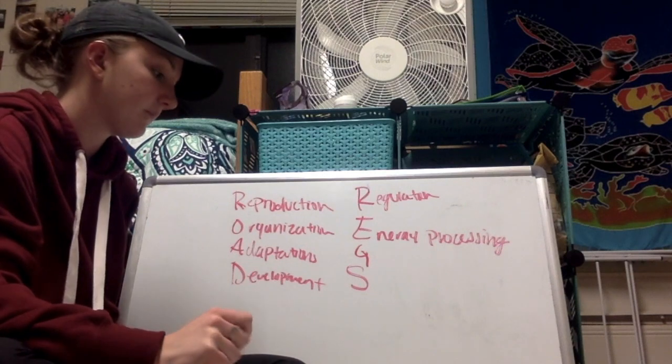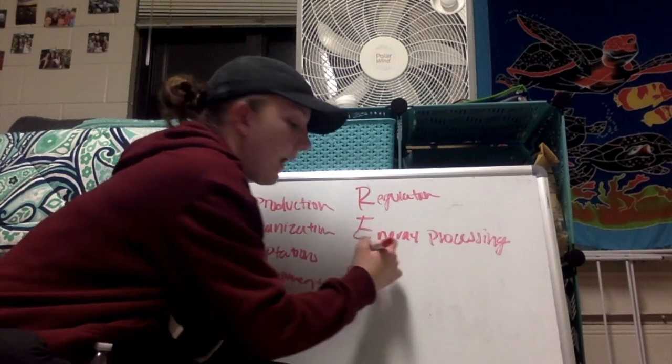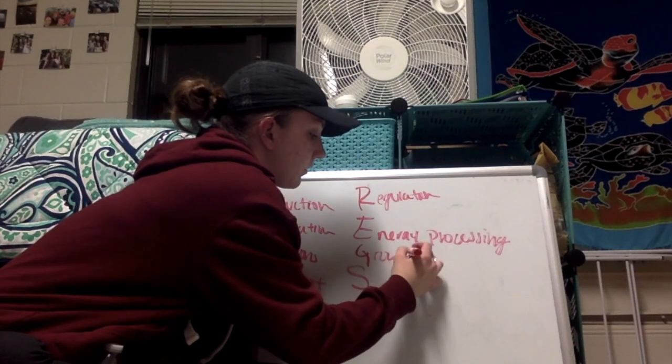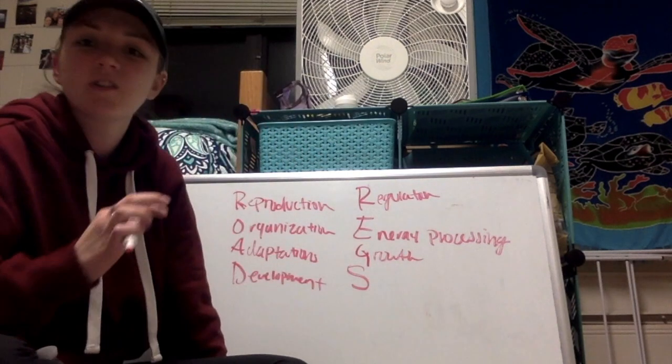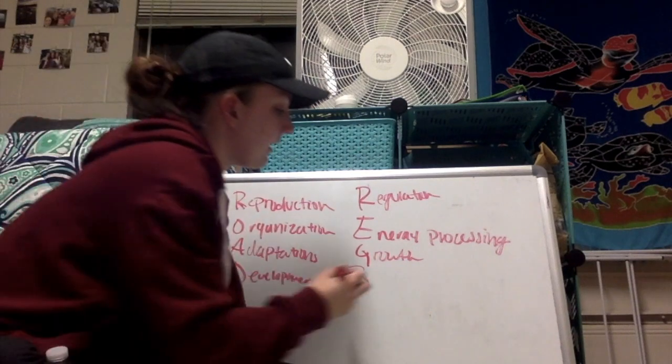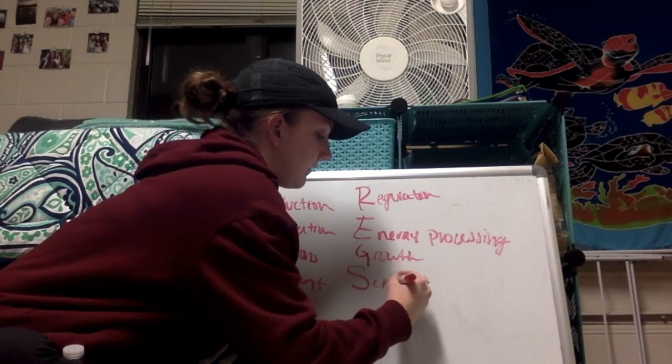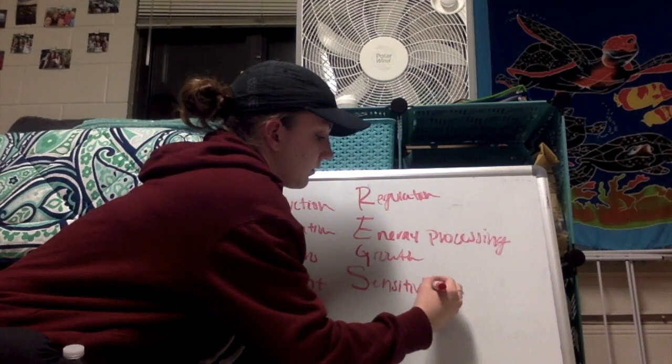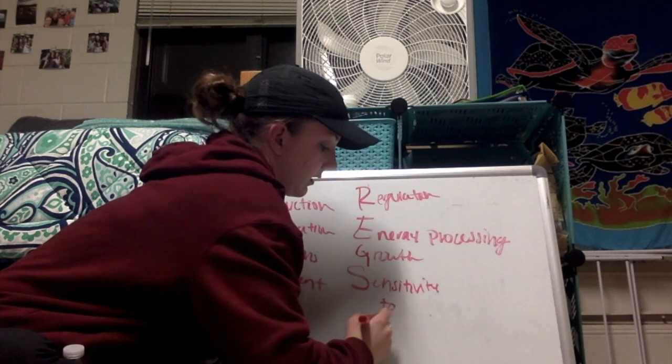And then G stands for growth, which is just the overall growth of an organism over time. And then S is the sensitivity to stimuli.